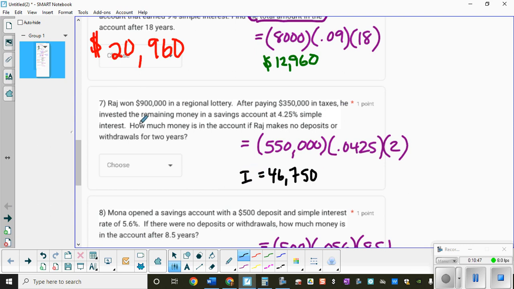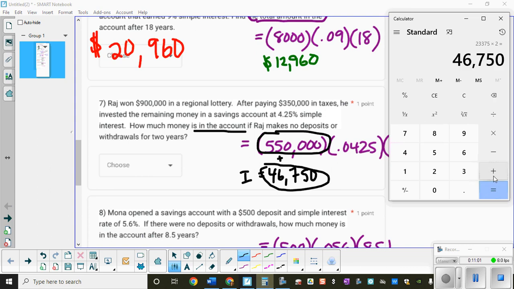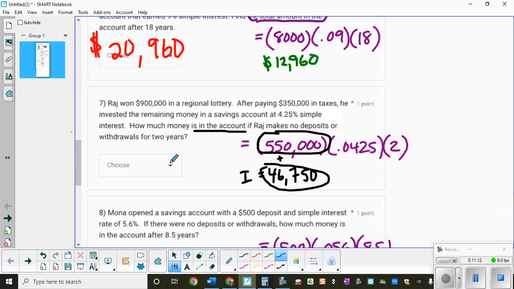Now, because it asks how much money is in the account, we need to add these two numbers together. Because Raj already put in the 550,000 and now it's earned this much money in interest, so we're going to add them together. So we'll add in the money that was already in the account here, and 596,750 is going to be the final answer here. So 596,750.